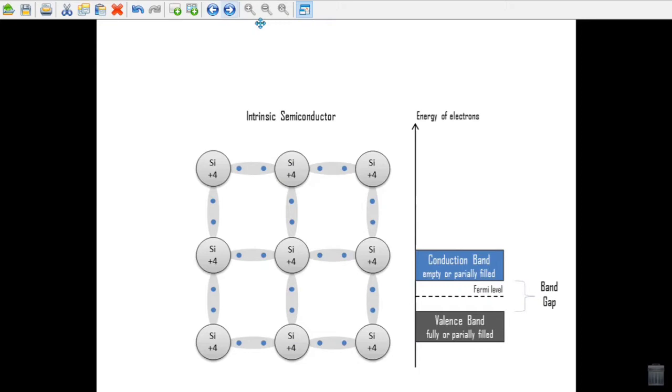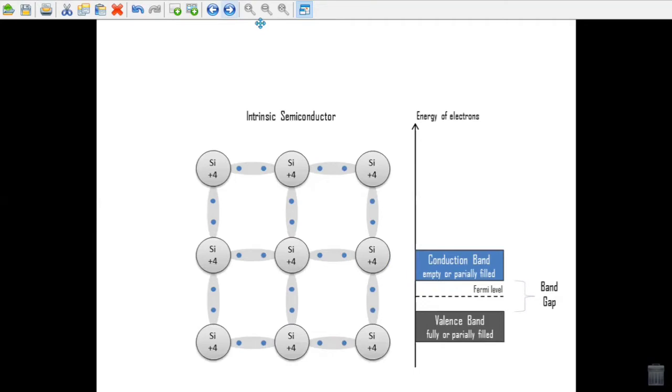But a semiconductor's band gap is extremely small, at the order of 1 electron volt. In fact, it's small enough that electrons can jump the band gap as soon as they get energy from the thermal energy that will always exist in real crystals.